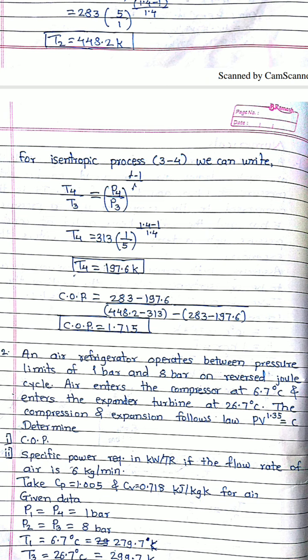Air enters the compressor at 6.7 degrees Celsius, and it enters the expander turbine at 26.7 degrees Celsius. The compression and expansion follow the law PV raised to 1.35. Please underline this point. The compression and expansion follow the law PV raised to 1.35 is equal to constant.